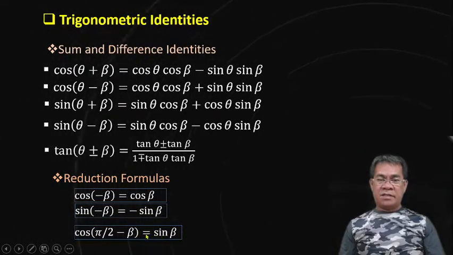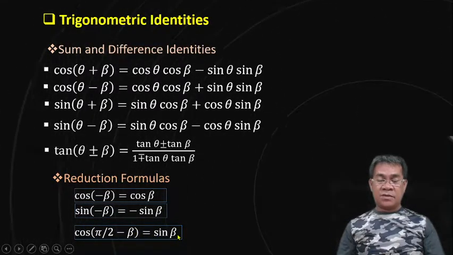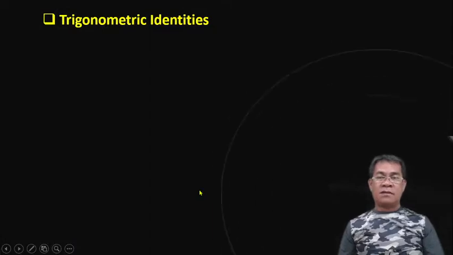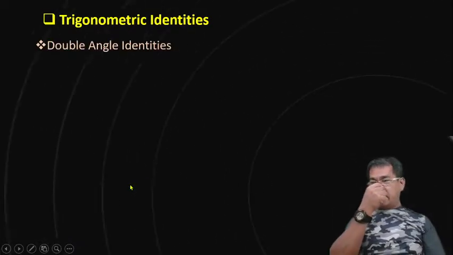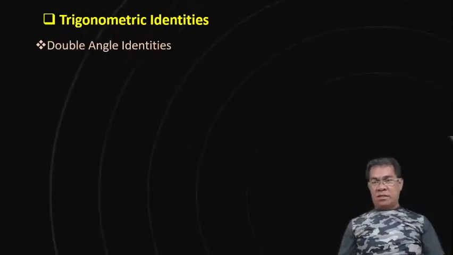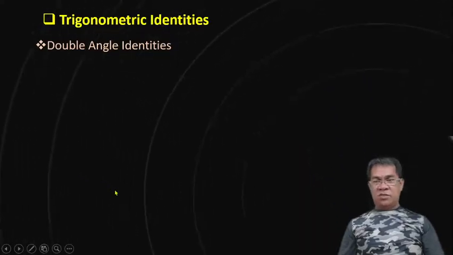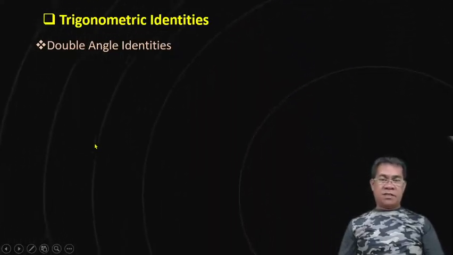So vice versa, if this is sine of pi over 2 minus beta, the answer is the cosine of beta because they are cofunctions. There are other identities that we do not need to derive in this video.